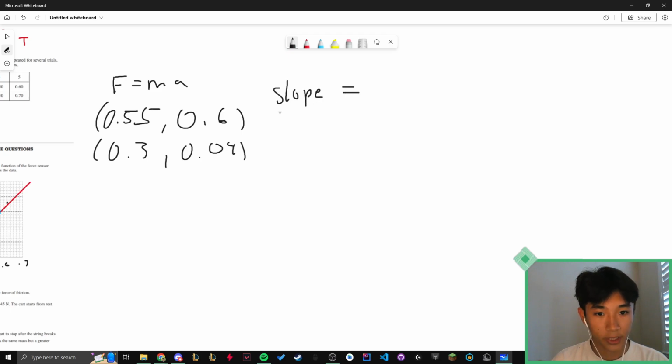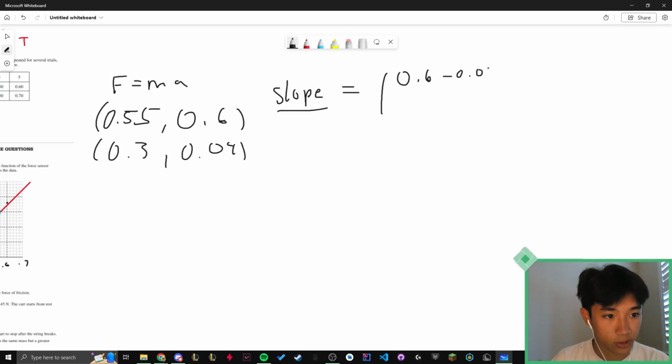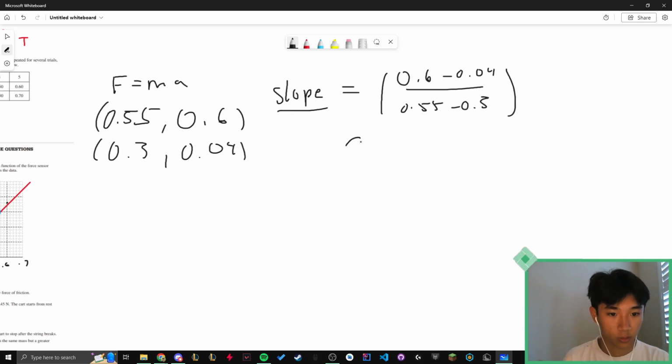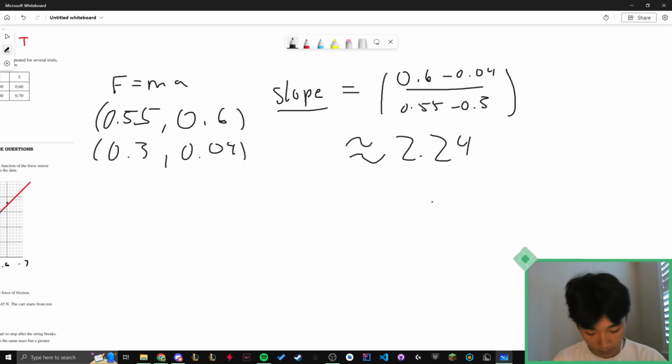Make sure you define that what you're calculating is the slope. We're going to just do rise over run: 0.6 minus 0.04, divided by 0.55 minus 0.3. Let me plug this into the calculator. And that would be roughly equal to 2.24.